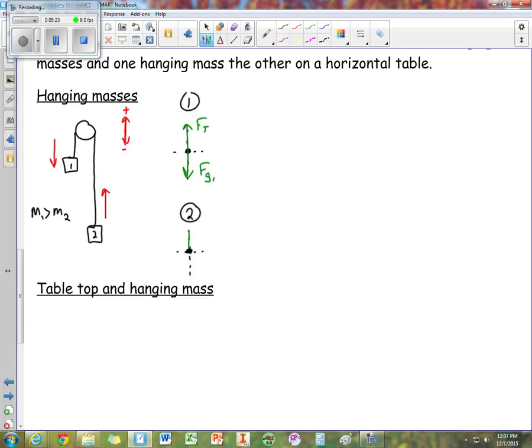For object 2, we would have a tension force and Fg2. And what's important to realize is since this string is ideal, the tension forces in both cases are the same value because it's the same string.